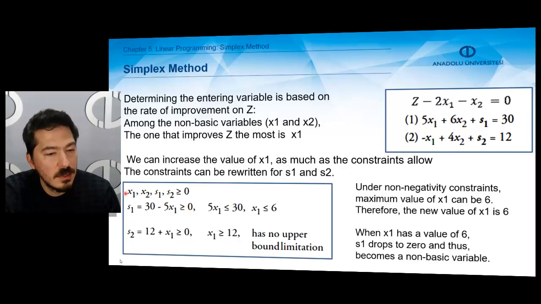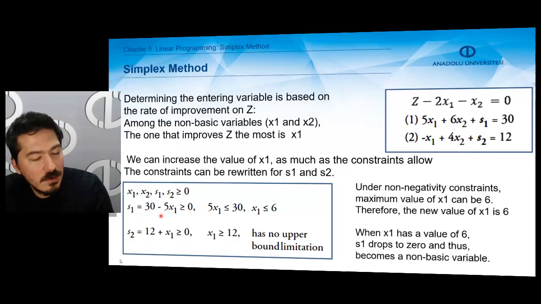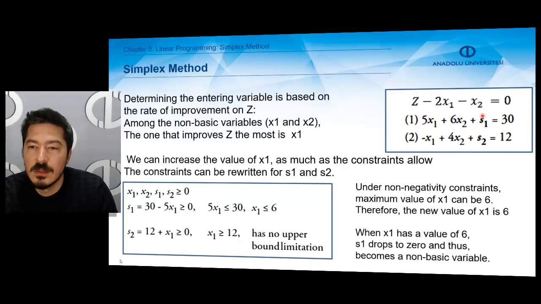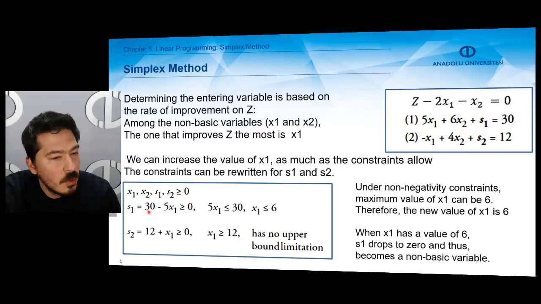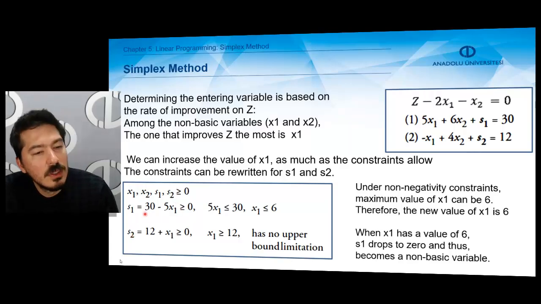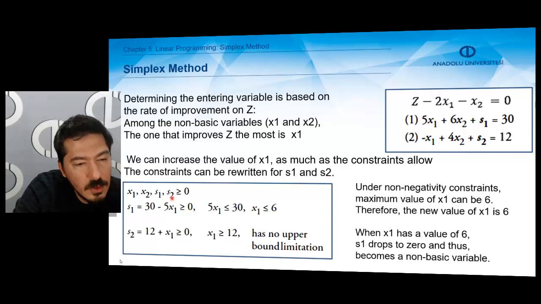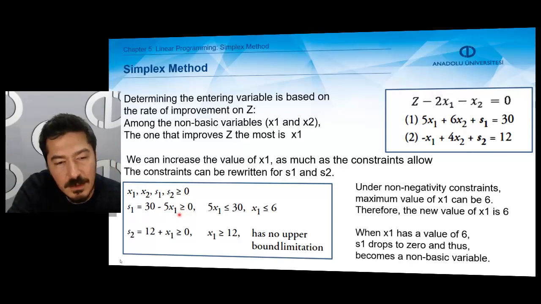Here, given in a blue frame at the bottom, we see that the constraint equations are formed for s1 and s2. Here, s1 equals 30 minus 5 times x1. This is a reformed form of a constraint given here. And we know that s1 and s2 cannot be negative, so the right side of this equation also cannot be negative.